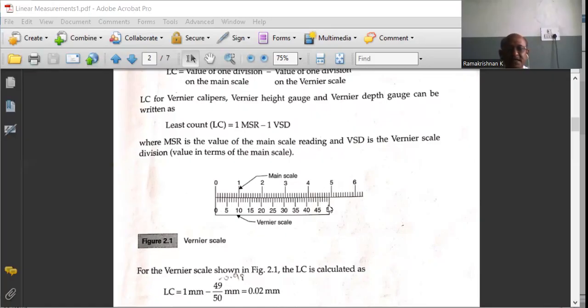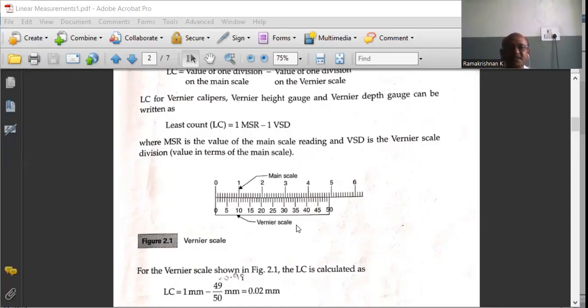So there is a difference between the divisional value of the main scale and the Vernier scale, and from this difference the accuracy is maintained. One division in the Vernier scale is 49 divided by 50, that is 0.98 mm.